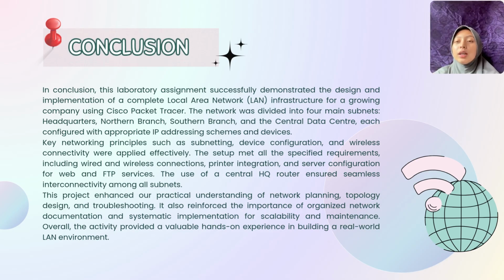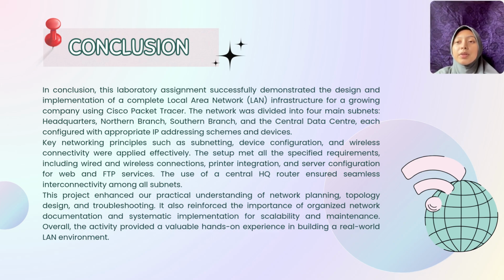So, in conclusion, this laboratory assignment successfully demonstrated the implementation of a complete local area network (LAN) infrastructure for a growing company by using Cisco Packet Tracer. The network is divided into four main parts: headquarters, northern branch, southern branch, and the central data center, each configured with appropriate IP addressing schemes and devices.